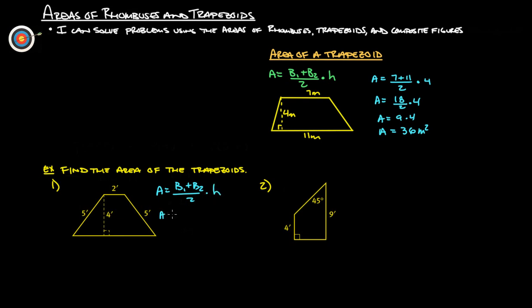So far we know parts of this. We can call base 1 2. We have to figure out what base 2 is. And we know that the height here is 4. So we have to figure out what this is down here. Okay, here's a nice part. Look, this is an isosceles trapezoid.